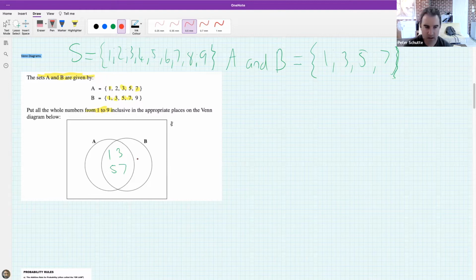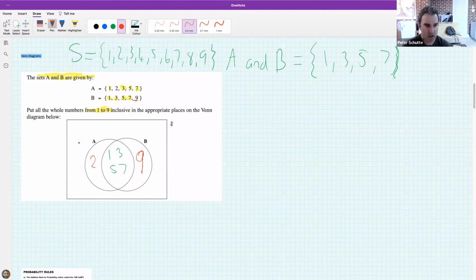So what is going to go in B over here? What's going to be there? It's going to be 9, because that's this 9 over here. And then by the same reasoning, 2 should go over here. Okay, last bit of this question.